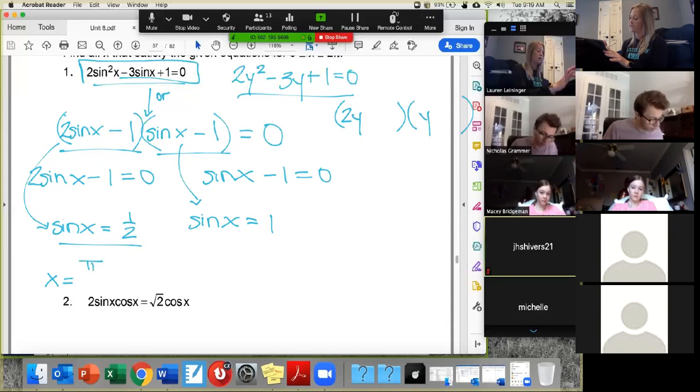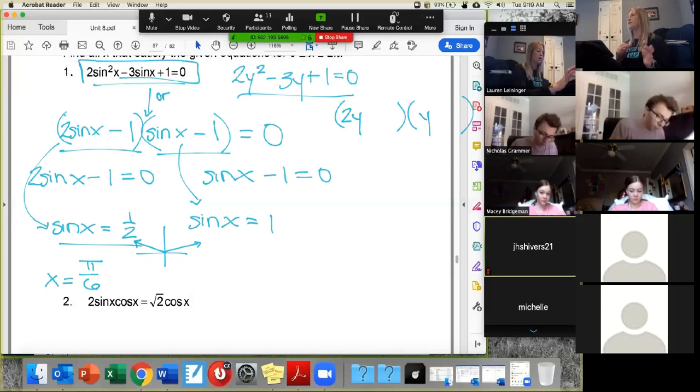Pi/6. And then you don't have to draw these quadrant diagrams if you don't need to. This is just me trying to show you, since I'm not right there with you, my mental thought process. So my mental thought is sine's equal to 1/2 at pi/6. Sine's associated with y values, so it's also going to be over in the second quadrant, equal to 1/2.